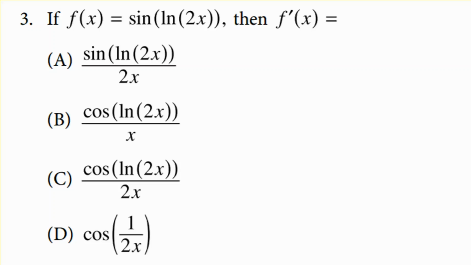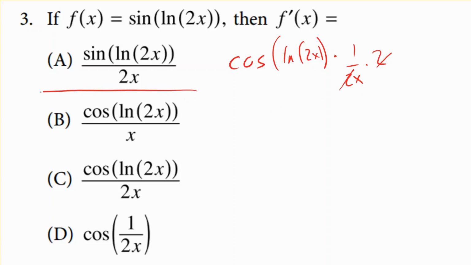The derivative of sine is just cosine, and nothing gets touched inside, times the derivative of the inside. The derivative of the natural log of 2x is 1 over 2x times its derivative of 2. There we go. The 2s are going to go away. So I'm going to be left with the cosine of the natural log of 2x over x. There it is.